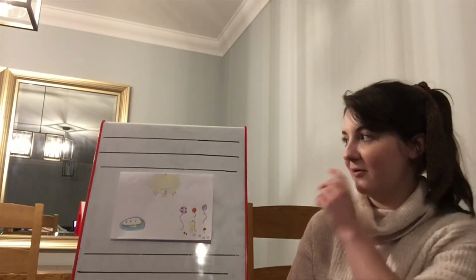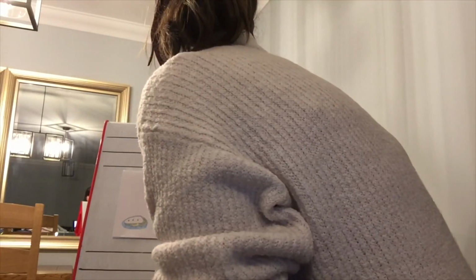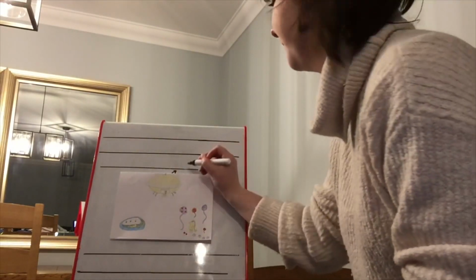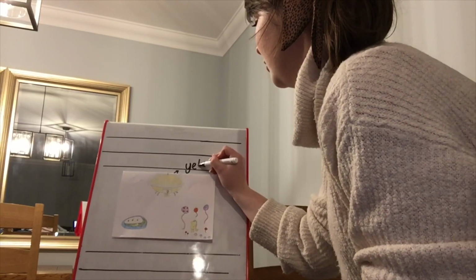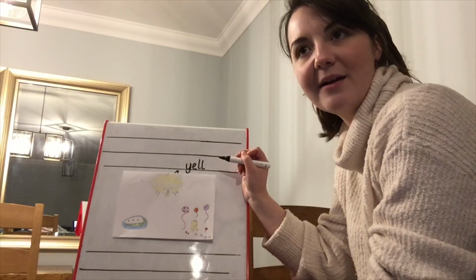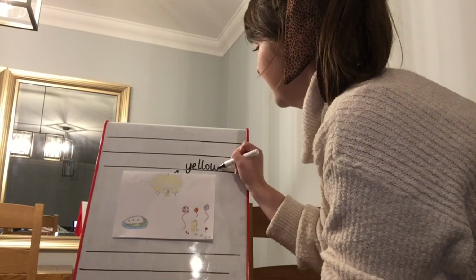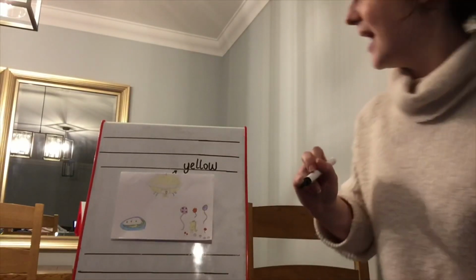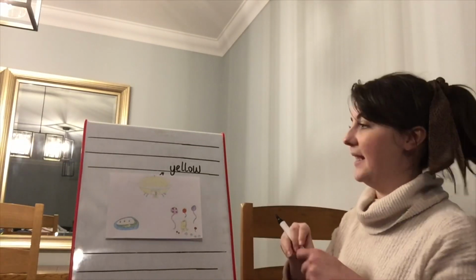So I'm going to write yellow. Up at the top here, blue. Can you think of an O sound? O, below the snow, yellow, and above it I'm going to write stripy.